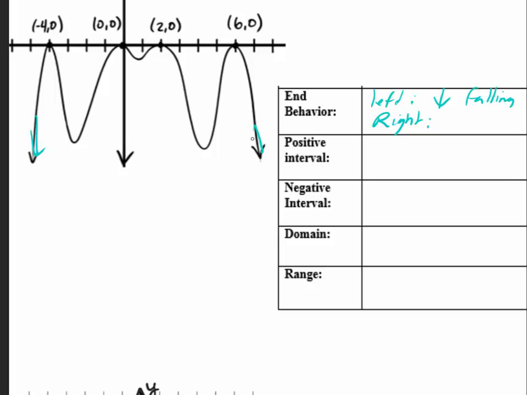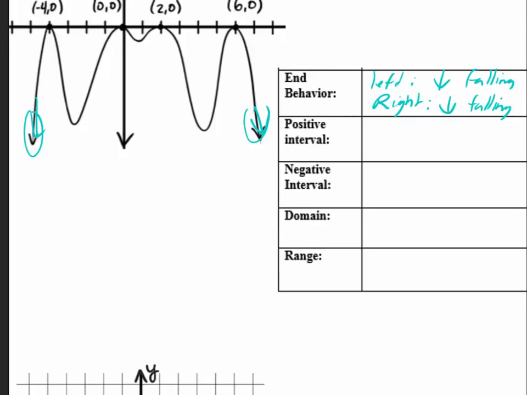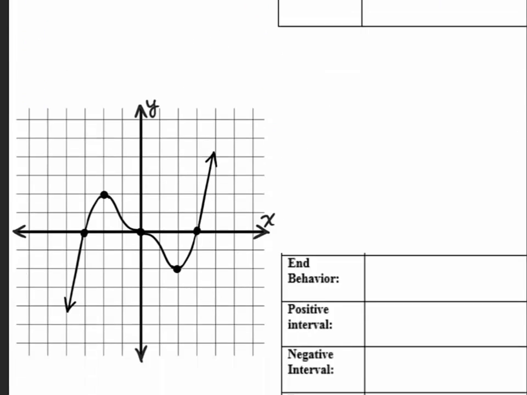And on the right hand side, we're doing the same thing, we're going down. So we're falling. And if we're going down on both sides, or if we're going in the same direction, that tells us some special things about the function, which we'll learn in probably a couple of days. Kind of some secrets about how they're made.